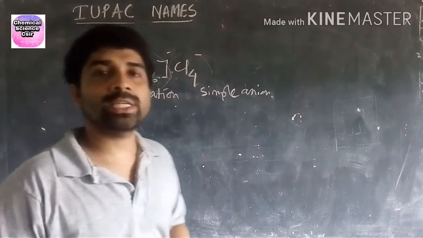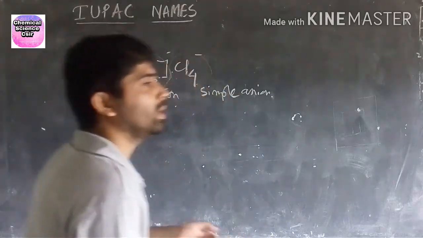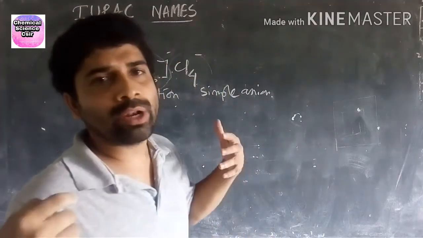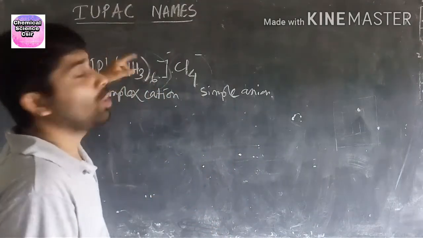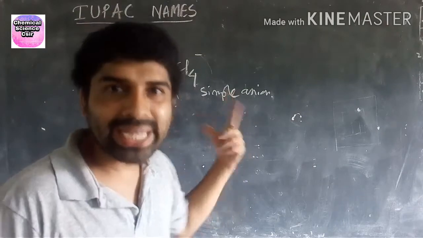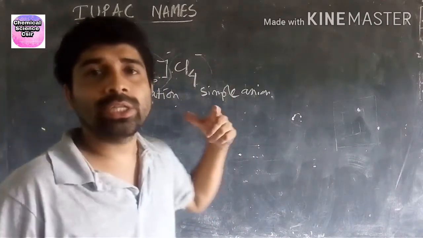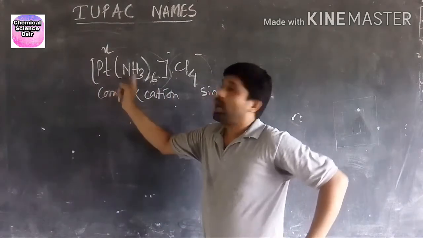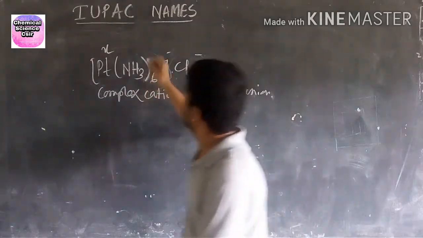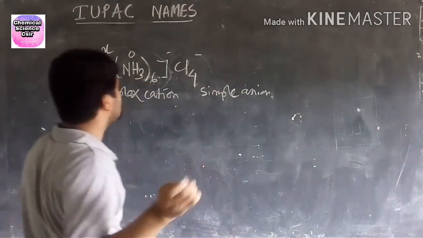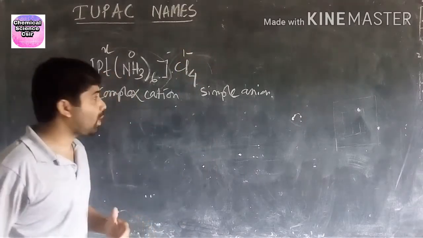Now, what is the oxidation number of platinum? You don't know it, so X. This one is ammonia, a neutral ligand, so its oxidation number is 0, and chloride is an anionic ligand with oxidation number -1.